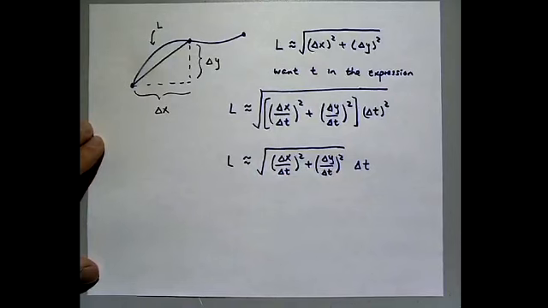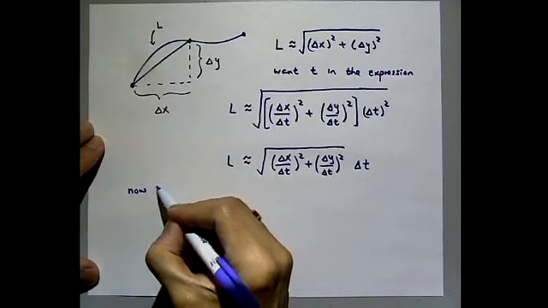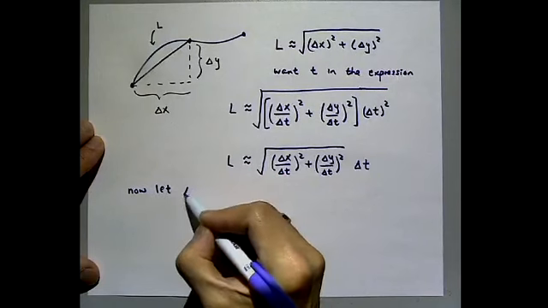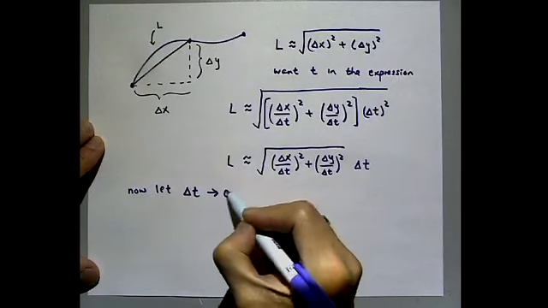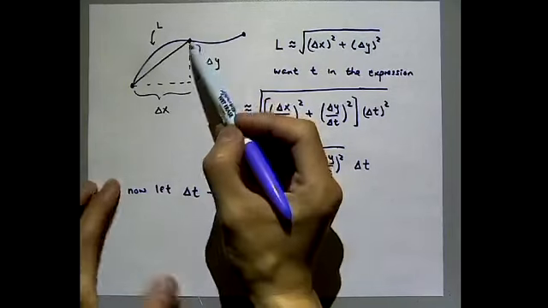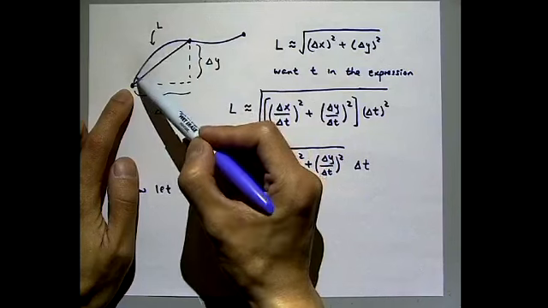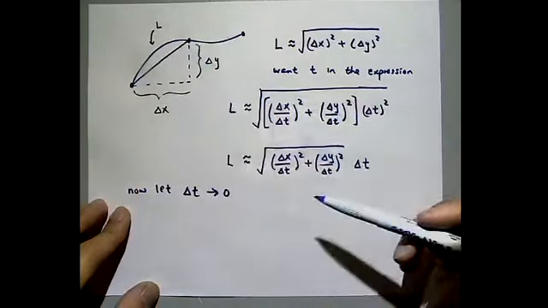And now to make this precise, we take a limit. We take a limit, now we shrink time. That's equivalent to bringing the second dot closer to the first. And the closer they get, the better the approximation.